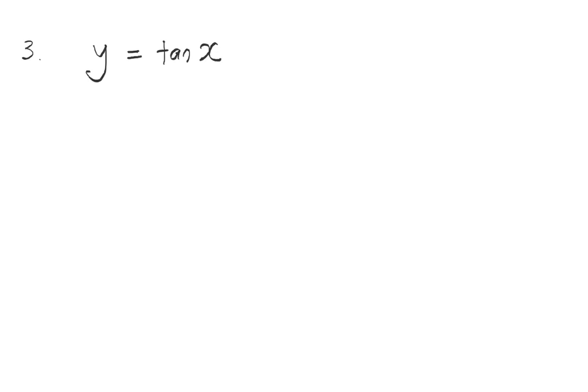Anytime we have tangent x, we can write it as a ratio of sin x divided by cos x. That is the meaning of tangent x. It's sin x divided by cos x. Understand?